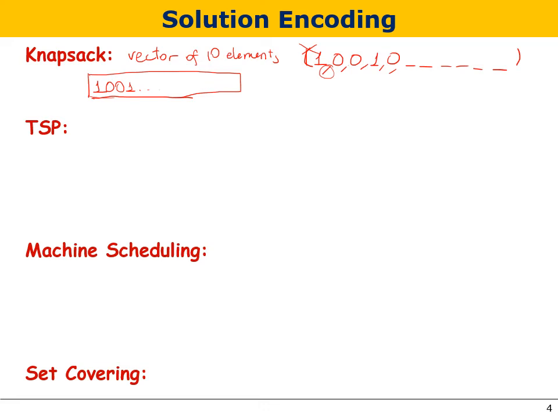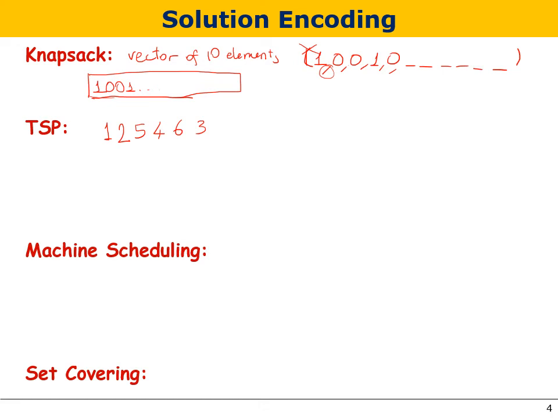Let's move to a different story, which is the traveling salesman problem. In TSP we are trying to find the tour of cities. If we assume there are 5 or 6 cities, we want to find an order, and we can represent this order, for example, like this: 1, 2, 5, 4, 6, 3.